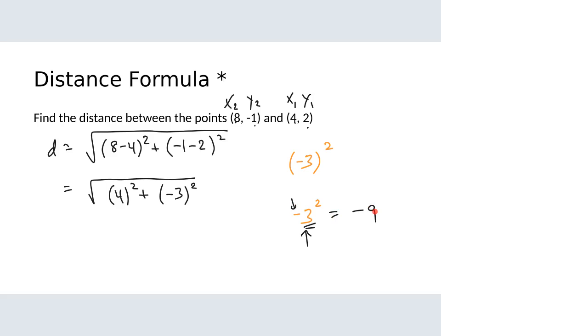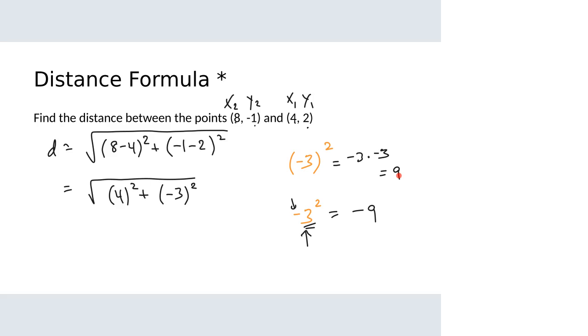What we have here in the distance formula, the reason we'll keep those parentheses is because we're squaring everything inside the parentheses. That's what those parentheses tell us to do. So this is negative 3 multiplied by negative 3, which is positive 9. We want it to be positive. Remember, we're talking about a distance between 2 points here.